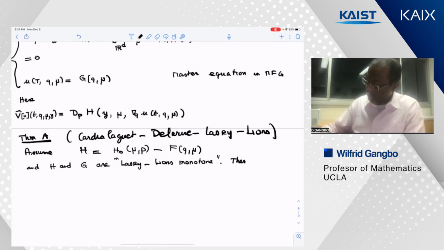Then the master equation has a unique solution for large time.